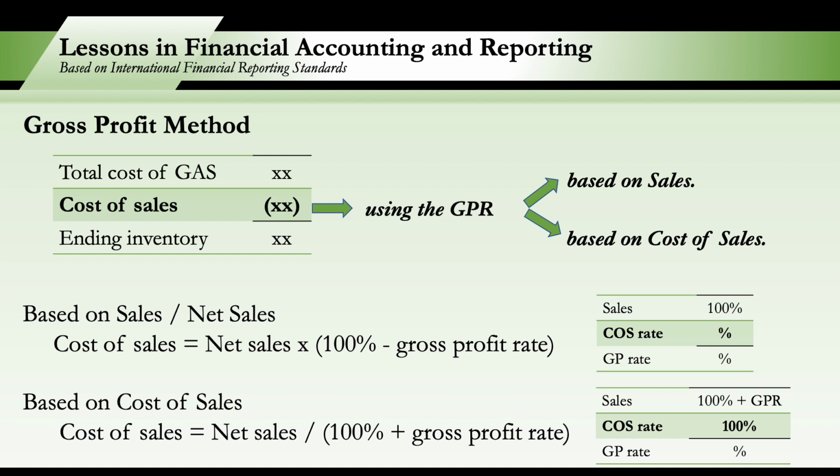For purposes of determining the cost of goods available for sale, the net cost of purchases is computed in usual manner. That is, to consider freight in and the deductions or the contra purchases accounts, which are the purchase returns, the purchase discounts, and allowances.